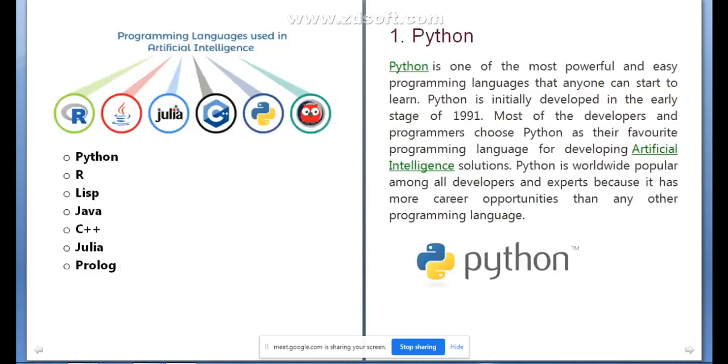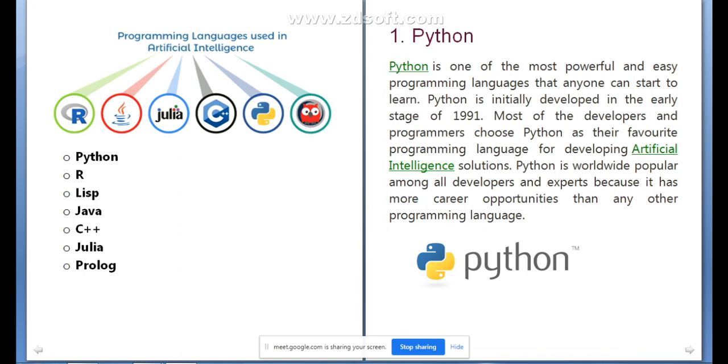So we will see the different programming languages used in artificial intelligence. The different languages used in artificial intelligence are Python, then R programming, Lisp, Java, C++, Julia, and Prolog.